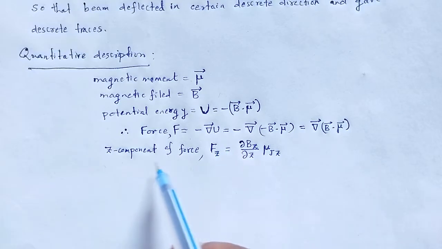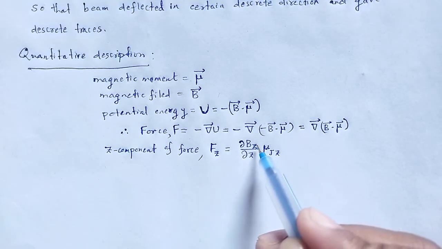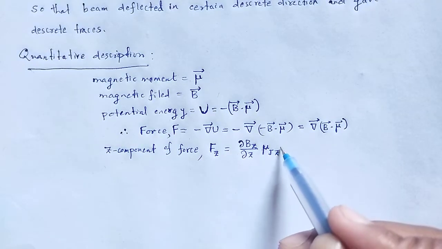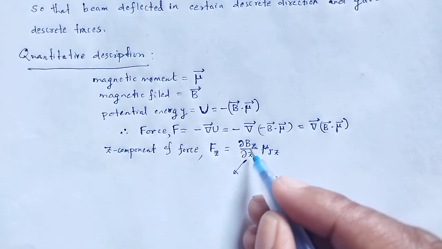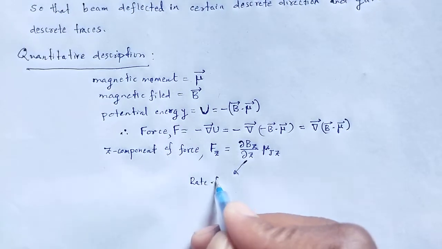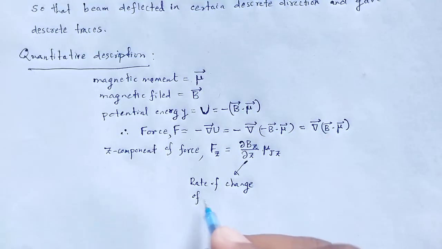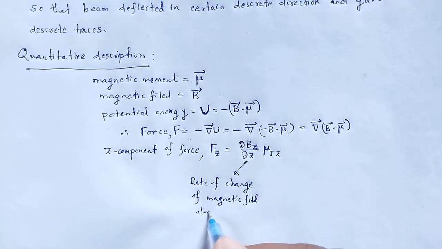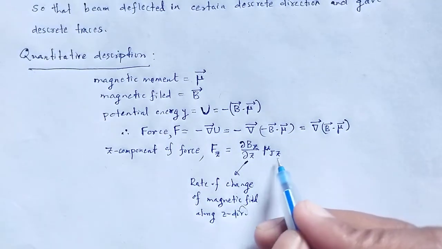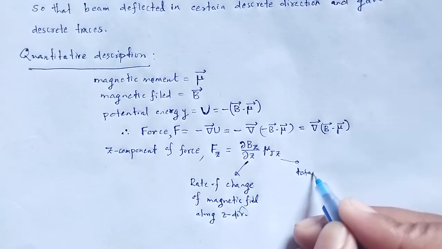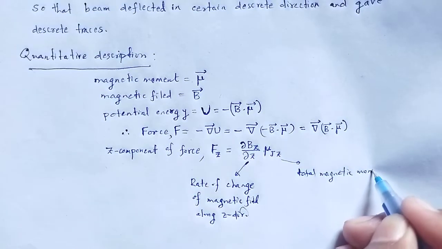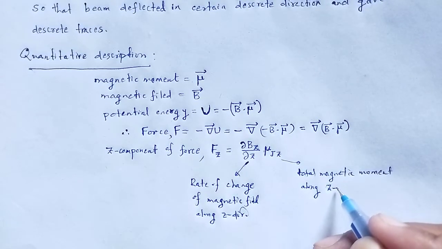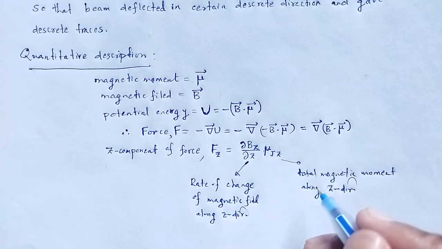What are the terms? Fz is the z component of force, and del Bz by del z is the rate of change of magnetic field along z direction, and mu jz is the total magnetic moment along z direction, or total magnetic moment of z component.